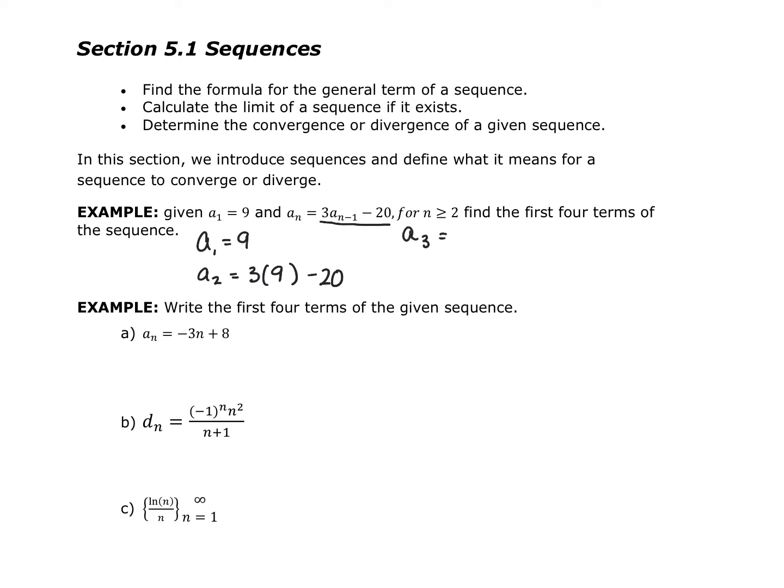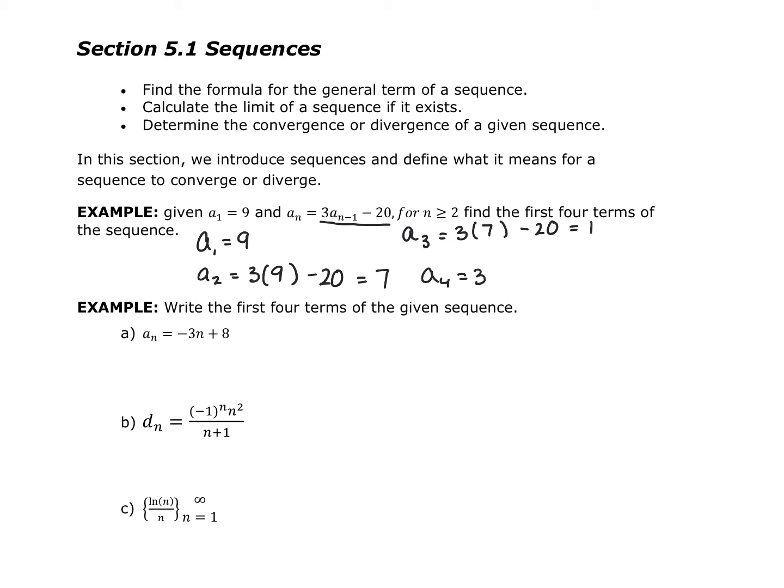And then a sub 3. Well, I need to know what a sub 2 is before I can find a sub 3. So this is going to be 27 minus 20, which is 7. So a sub 3 is going to be 3 multiplied by my previous term minus 20. To find a sub 4, I'll need to know what a sub 3 is. So it's going to be 21 minus 20, which is 1.